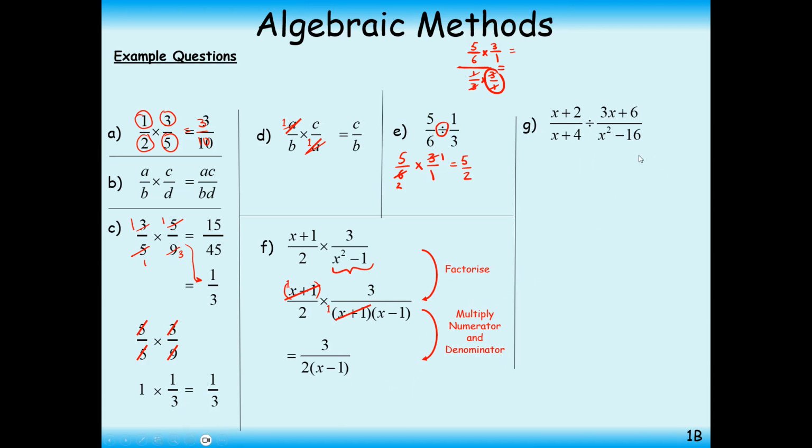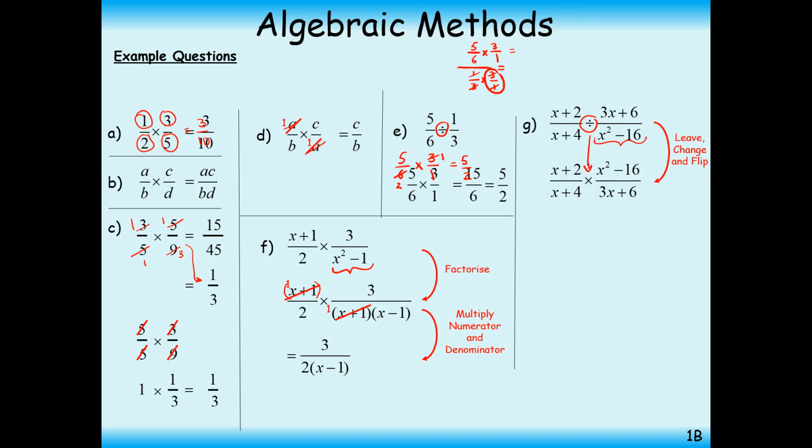So, in part G, we have a division, but at the same time, we also have some factorizing to do. We see a difference of two squares there, which can be written as x plus 4 and x minus 4. So, when you perform division, we said we write the second fraction as its reciprocal and we change the division sign to a multiplication sign.